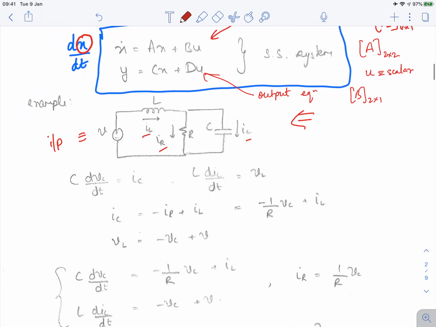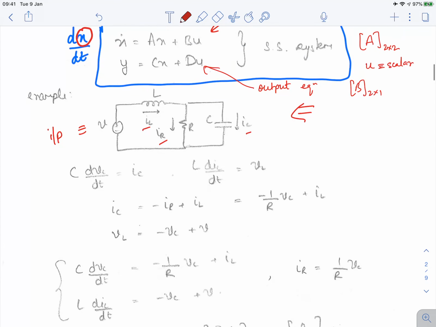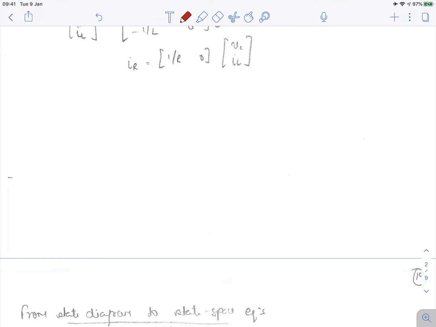So if I see the path, let's see, if I see the path differential, maybe I can write below, yeah, here I have the state space. So I have this differential equation.